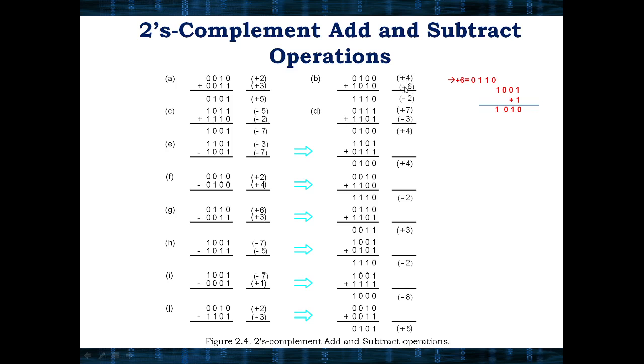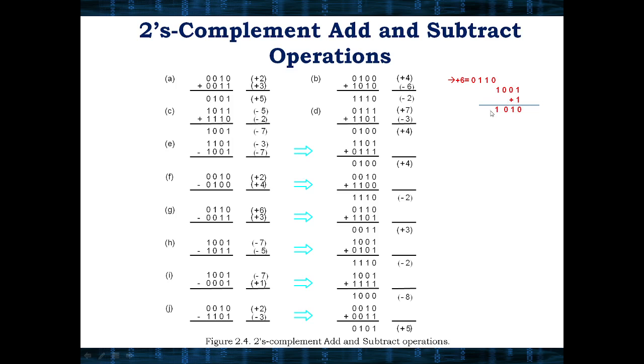This is a negative number, so what we have to do is take the positive number, that is plus 6, which is 0 1 1 0. Take the ones complement of this, so that becomes 1 0 0 1. Then add 1 to it, so you get 1 0 1 0.